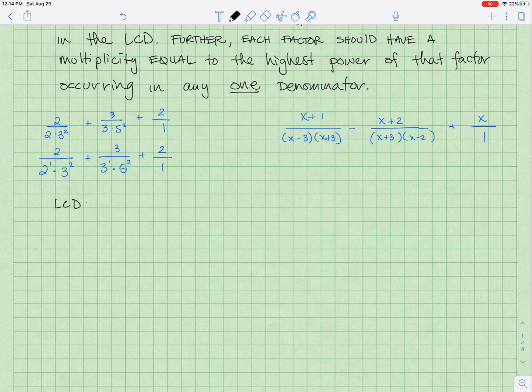The LCD here is going to have one of each factor. So it's going to have a factor of 2, a factor of 3, and a factor of 5. And we don't often write a factor of 1, but you can if you want to. Now, they both have a factor of 3, but I'm only going to represent that factor 3 one time. So my LCD should start out as 2 times 3 times 5.